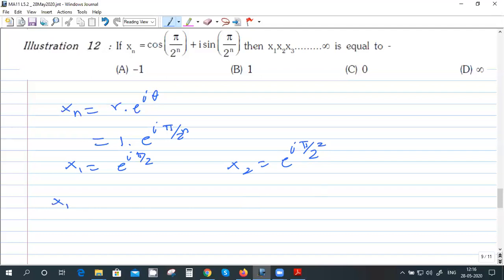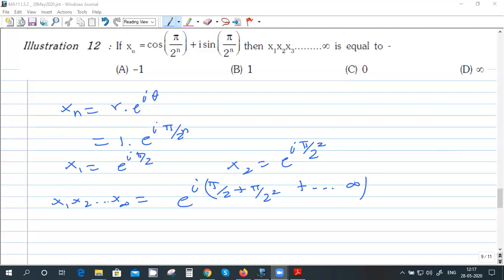So what will happen now? x1, x2 and so on up to infinity will become e raised to the power i (pi by 2 plus pi by 2 squared and so on up to infinity). The exponents will get added up. Is that clear? Yes, sir.